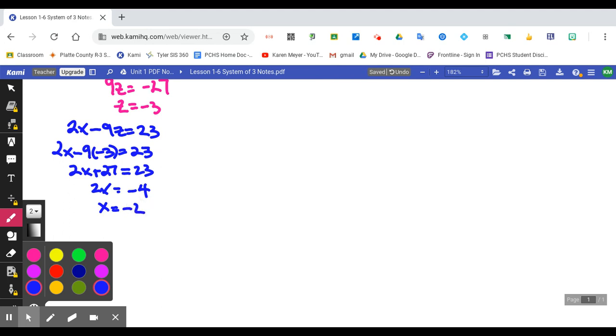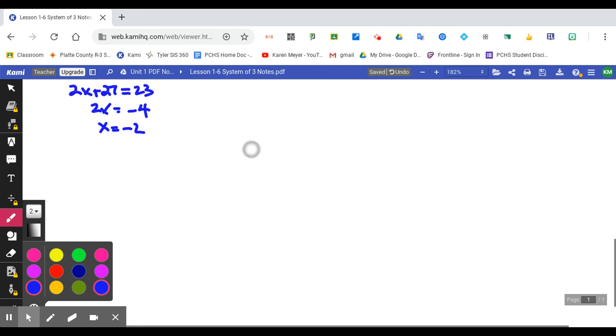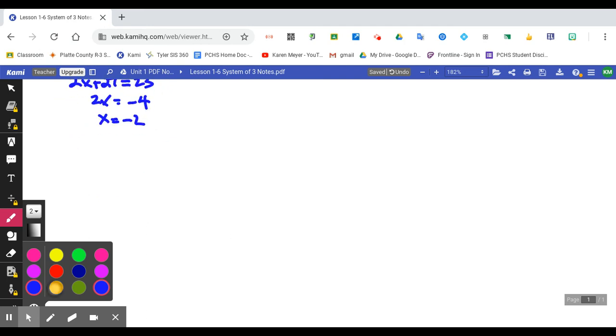And then finally, to find your third and final answer, you must go back to one of the three original equations. And I am going to choose the top one. So negative 5x plus 3y plus 6z equals 4. And now I'm just going to substitute in the two answers that I have already found.